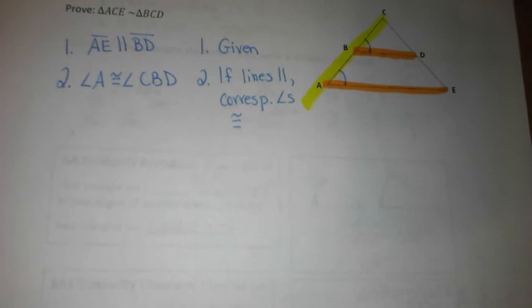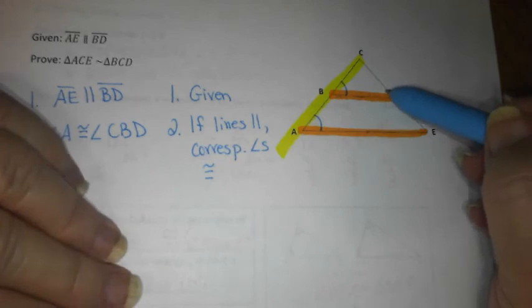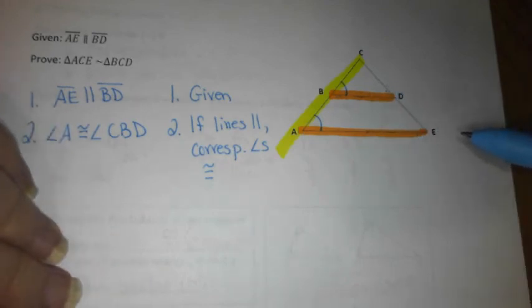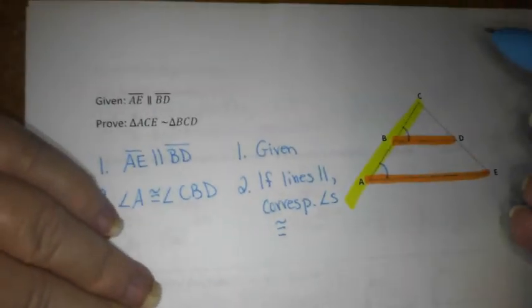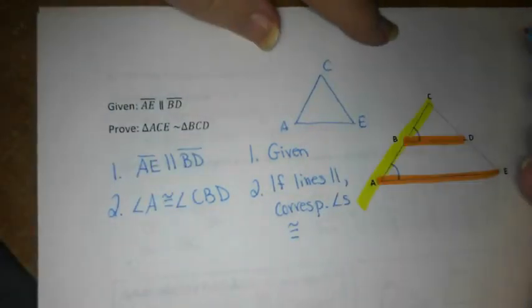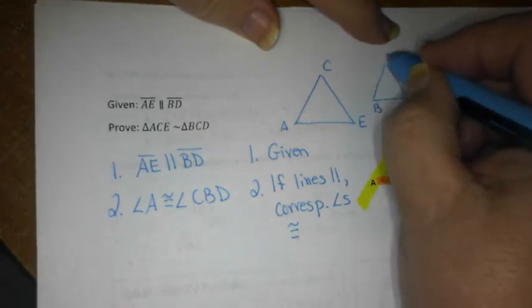Well, I have an idea. There's 2 ways we could go. I could use angle D and angle E as another pair of corresponding angles, but check this out. Take triangle ACE. I'm just going to separate them. And then right here, triangle BCD.